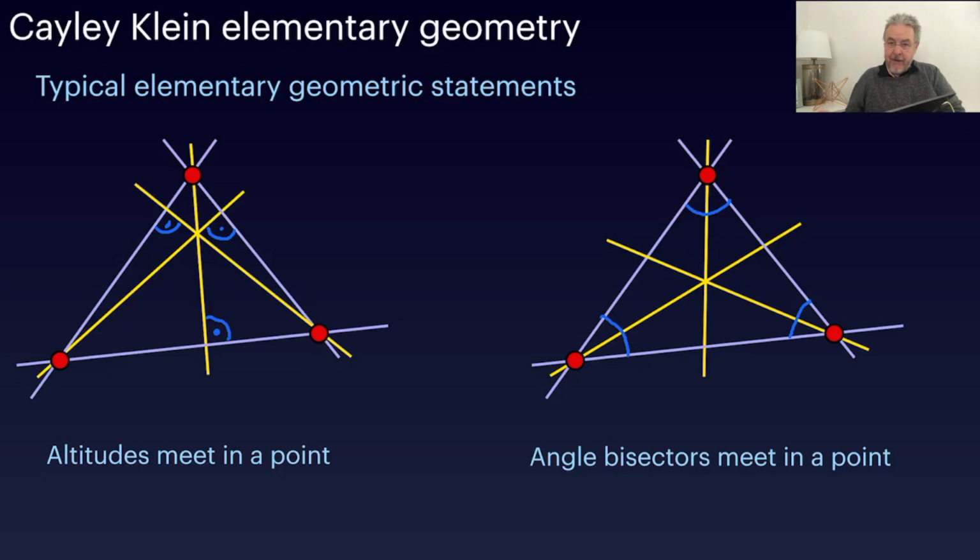So one of the first questions here is how to define concepts like being perpendicular and being the angle bisector in a general Cayley Klein geometry. For instance, the measurement may be a hyperbolic angle measurement, and the question is, what does orthogonality mean in such a case?